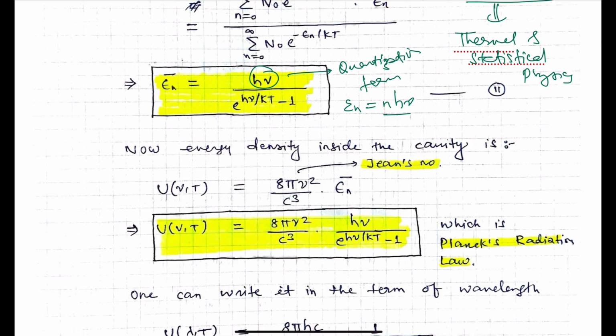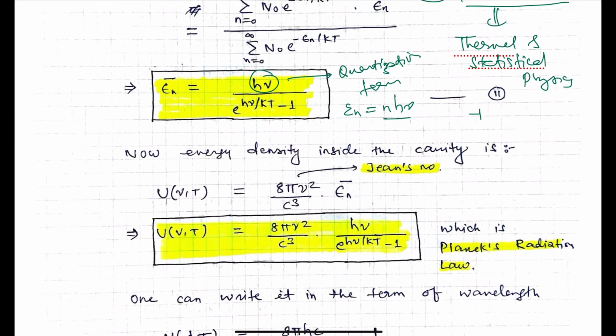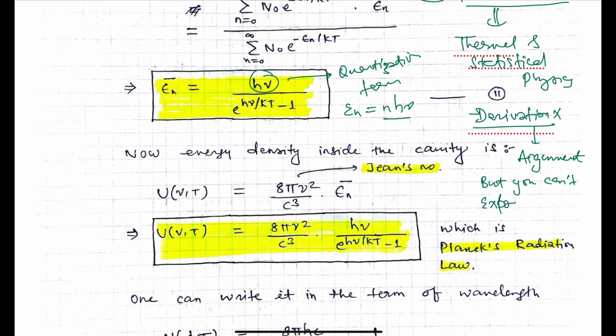So you could cut shortcuts in the derivation part by writing the argument, but you cannot cut shortcuts in expressing the maths and arguing on it.